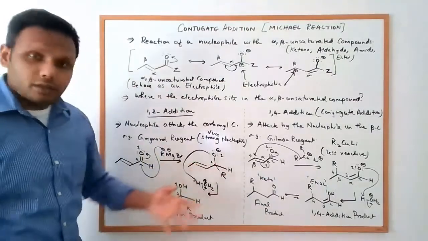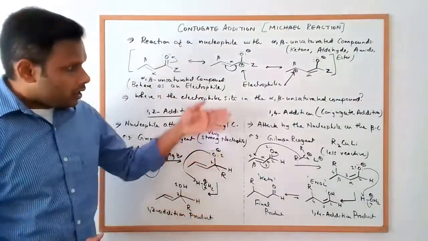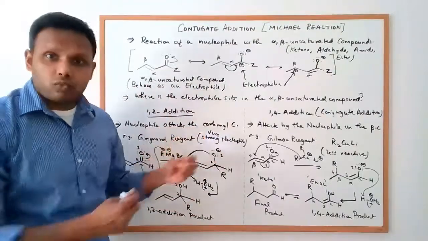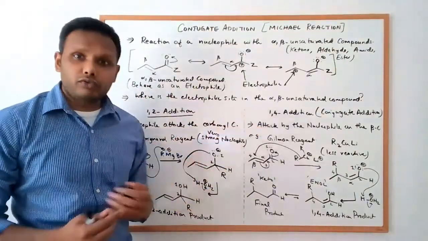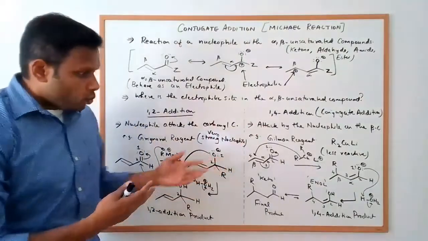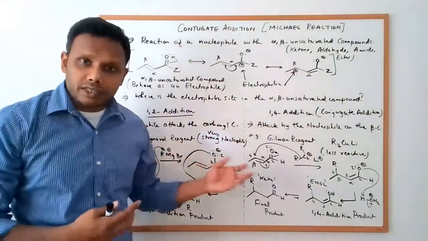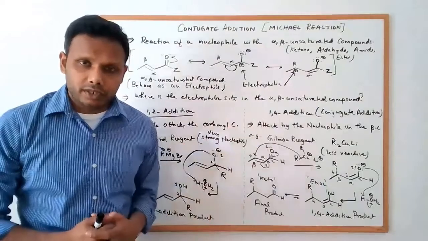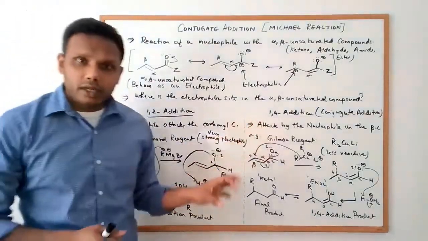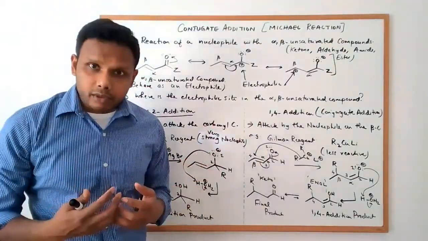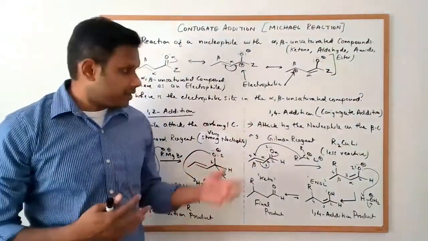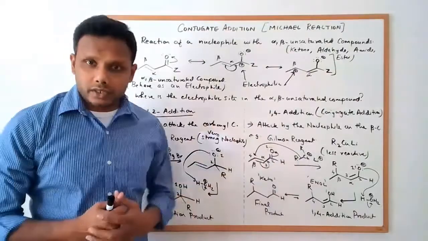Okay, so that's the comparison of a 1,2 addition, or what a 1,2 addition is, comparing it to what a 1,4 addition is, and what circumstances would lead to their formation. Now, the Gilman reagent is not the only nucleophile that is stabilized, or a weak nucleophile that would undergo a conjugate addition.